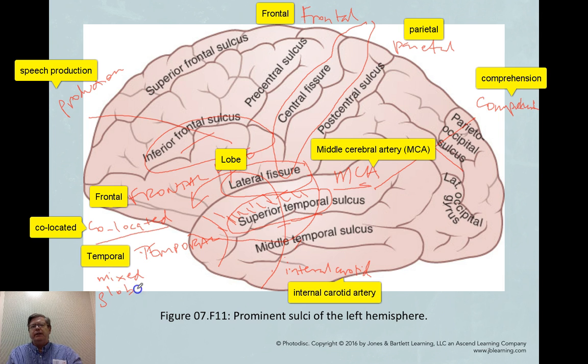And that means that it's not only speech production or speech comprehension that is impaired, but both. Both functions, speech production and speech comprehension, will be reduced because of loss of blood supply to two physically distinct but correlated regions of the left hemisphere.